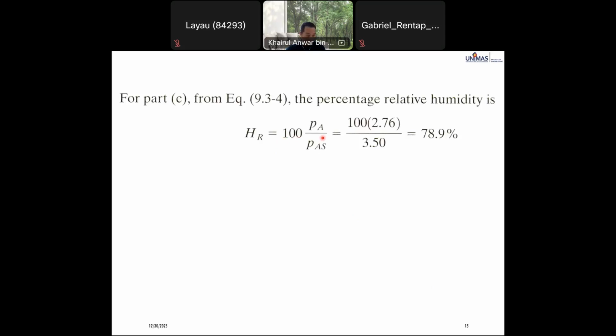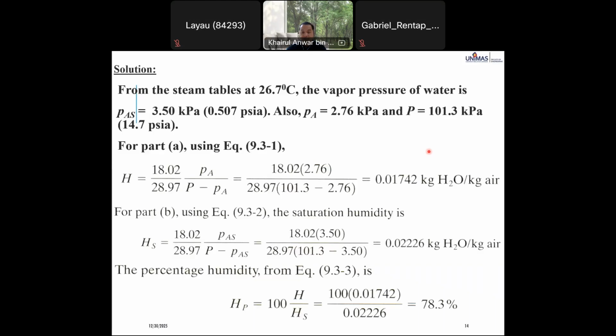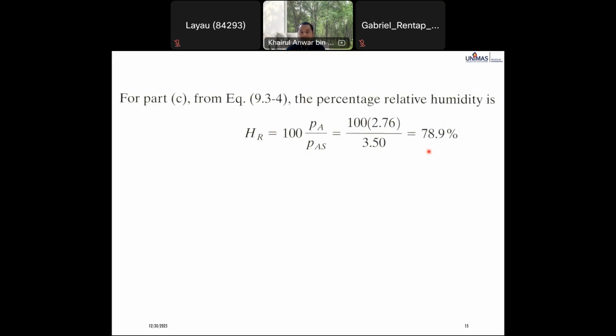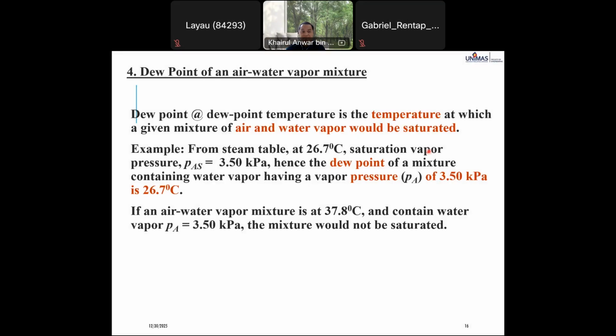HR is based on the partial pressure and vapor pressure. So see here, the values for HP and HR are not the same.